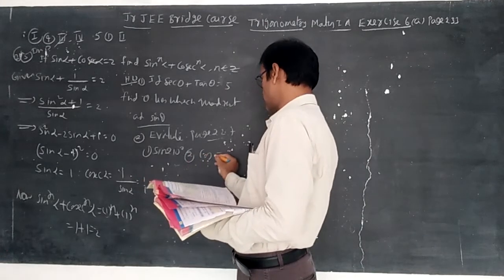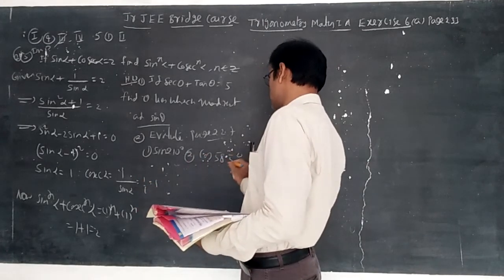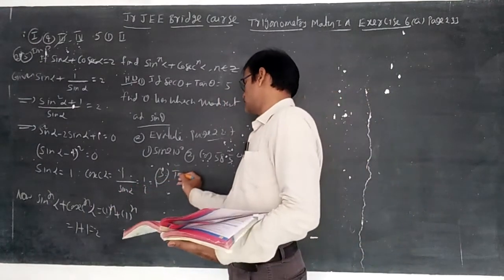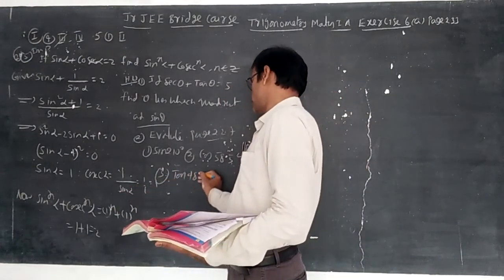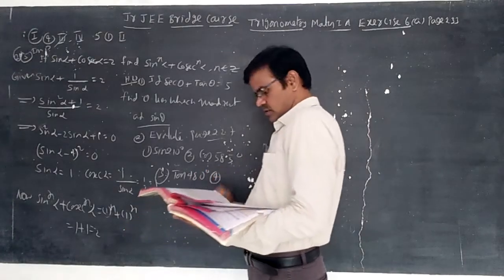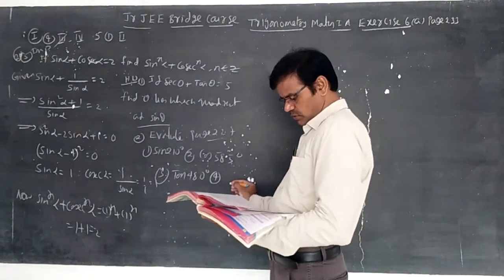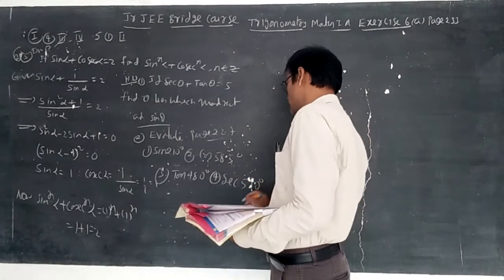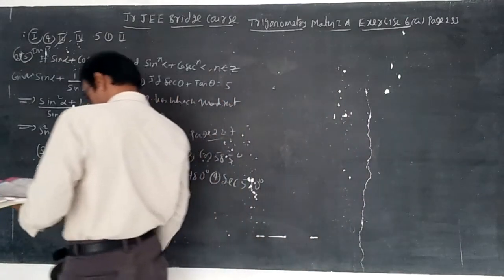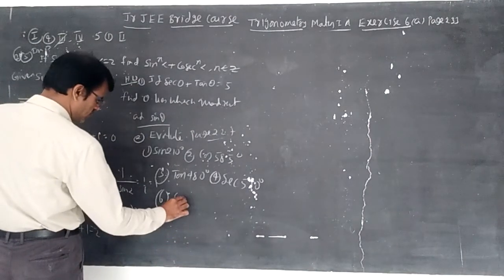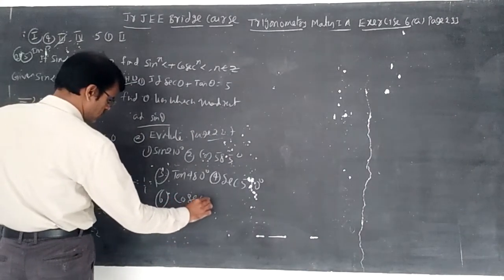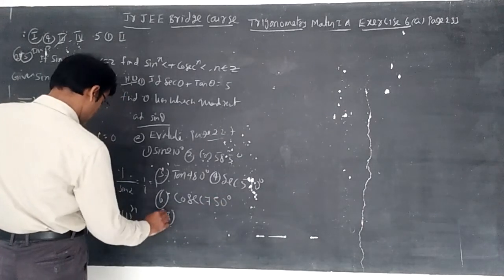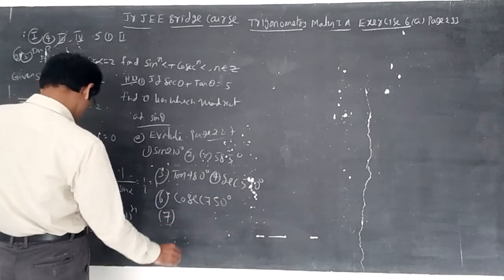Second one, cos 585 degrees. Third one, tan 480 degrees. And secant 510 degrees. Cosecant 750 and cot 765.